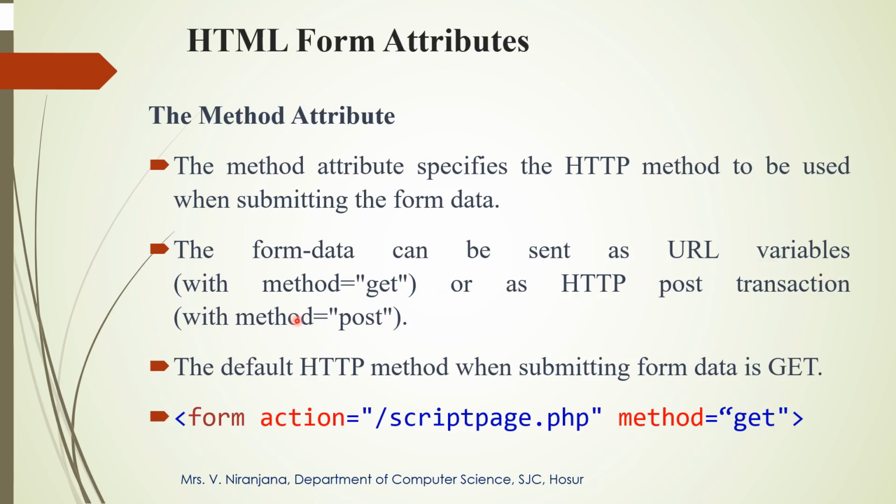When you use the post method, it is sent as an HTTP post transaction. The default HTTP method when submitting a form is get. You can see the syntax here: form action is equal to the script page and method is equal to either get or post.